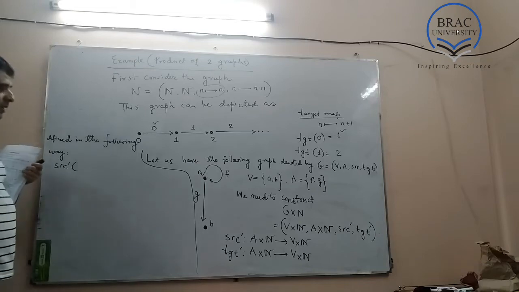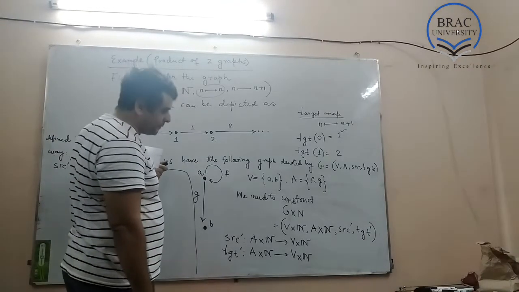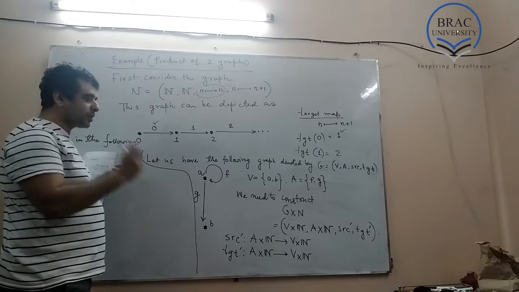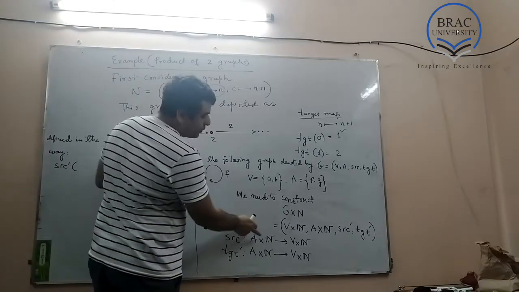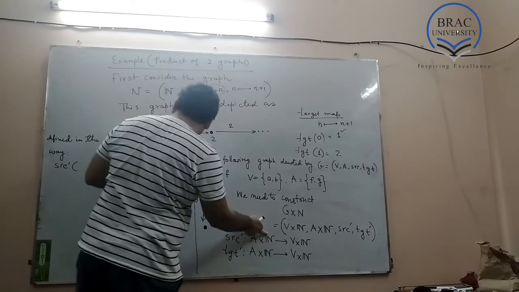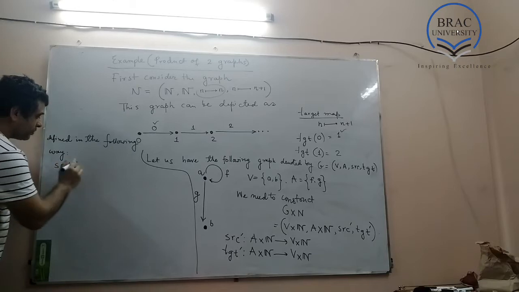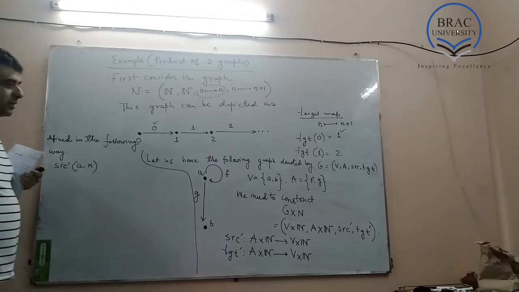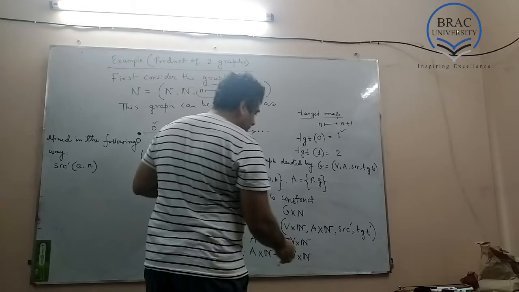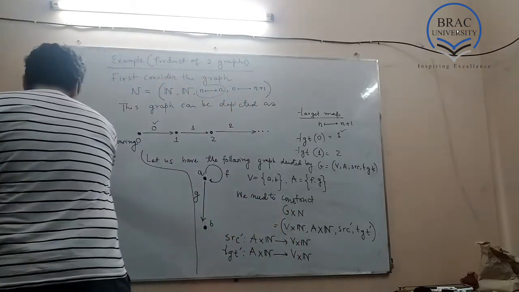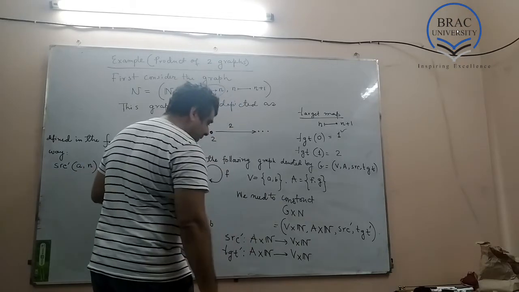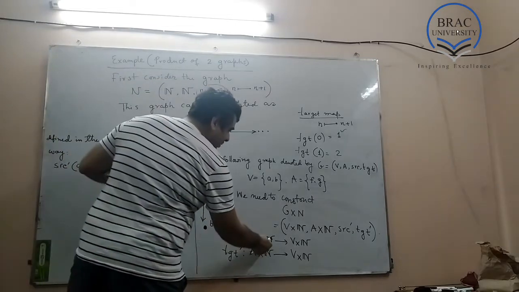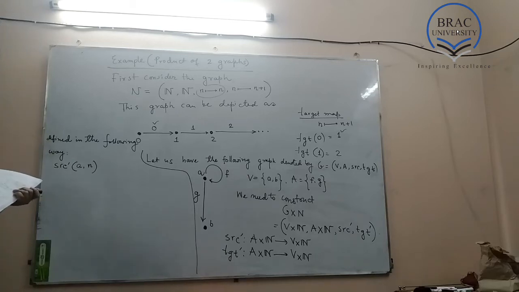SRC prime is going to act on a pair whose first component will be an element of A, and the second component will be an element of this bold-faced N. So the source map is going to act on an element of A cross N, where small a is in A, and small n is an element of this set of whole numbers. Okay, and what is it?